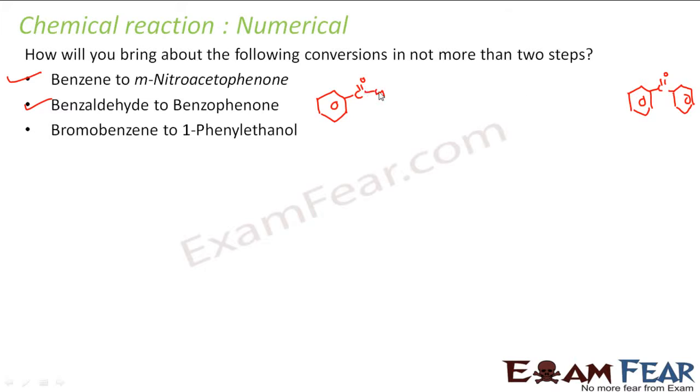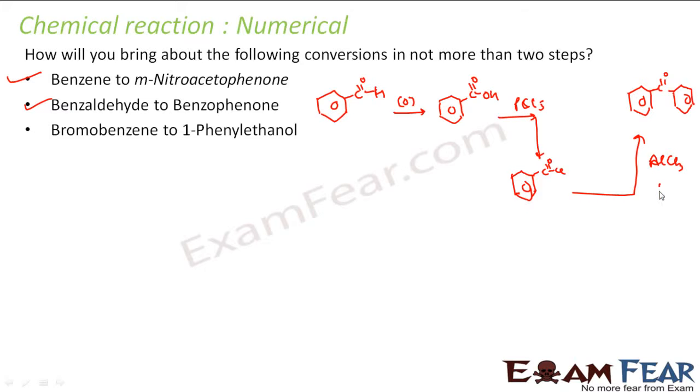So to convert this into Cl, the first thing we have to do is make it to COOH. We can do oxidation. This will get converted into COOH. And then we have to convert this into Cl. I can use PCl5, PCl3, SOCl2, any of the methods to convert this into COCl. Once I have the COCl, I can react this with AlCl3 in the presence of benzene. This will be a Friedel-Crafts reaction, and I'll get benzophenone.